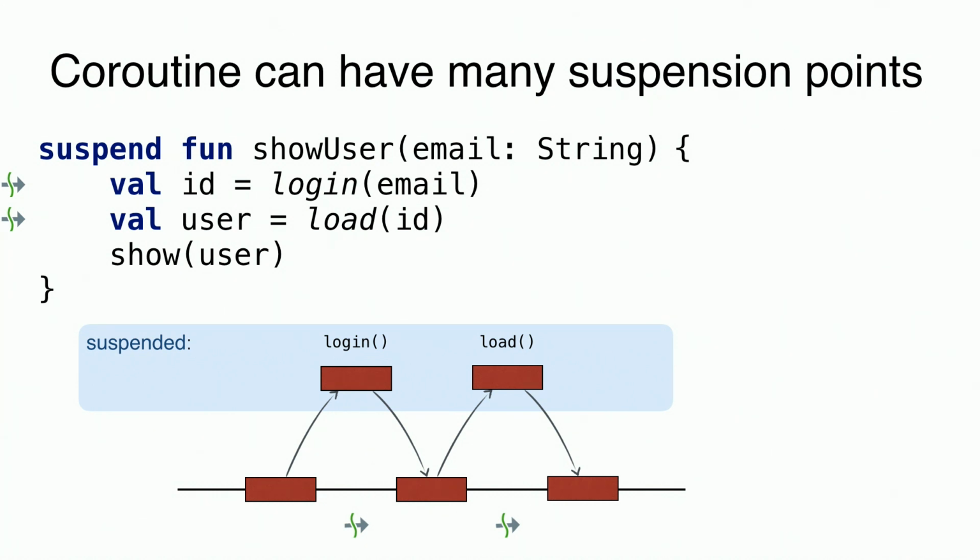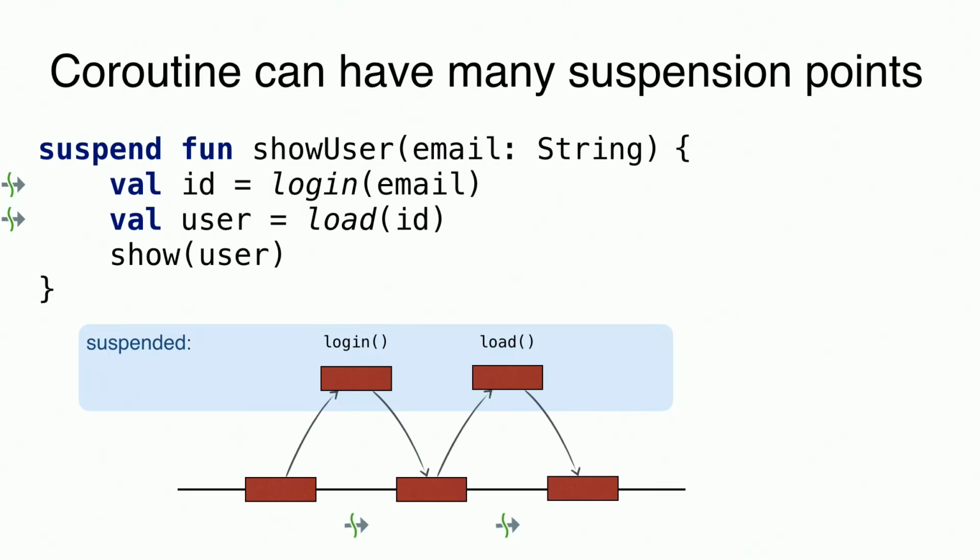Then it reaches the second network request, it gets suspended, and so on. Then it gets restored and continues its execution. That's why you can write this code very straightforwardly, just line by line, action by action, without a difficult or confusing API of some special libraries.